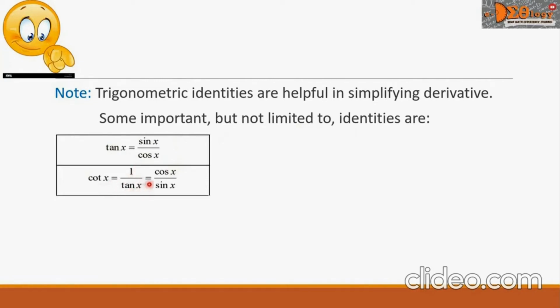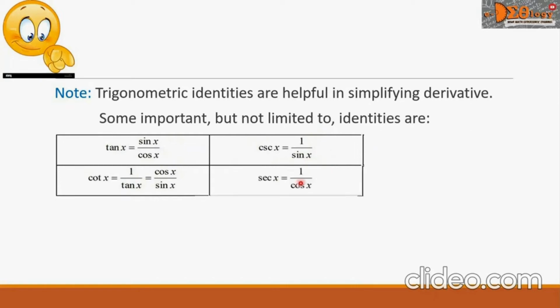And this is equal to the reciprocal of this fraction. So we write here cosine x over sine x. Next, we have cosecant x equals 1 over sine x. Secant x equals 1 over cosine x.